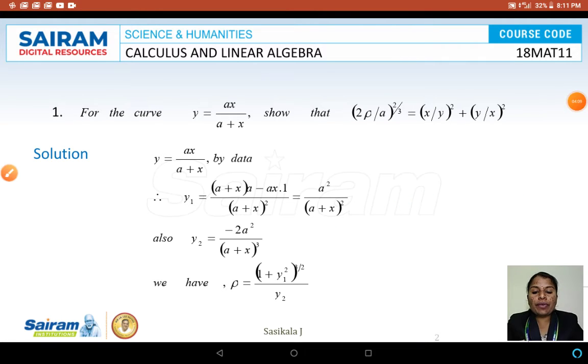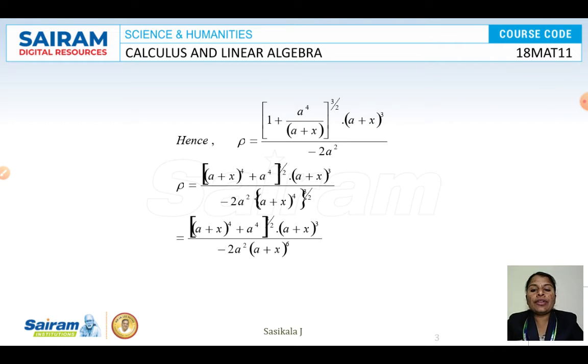So now it is coming for rho. Rho is equal to 1 plus y1 squared the whole power 3 by 2 by y2. We found y1 and y2, and we are going to replace them. So rho is equal to 1 plus a power 4 by a plus x the whole power 4, the whole power 3 by 2, into a plus x the whole cube by minus 2a square. I substituted y2 in the denominator, written in the numerator.